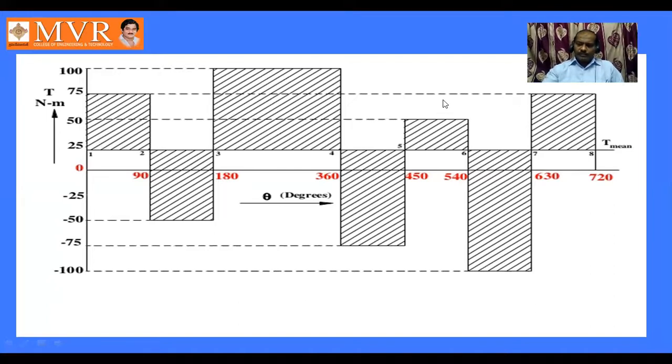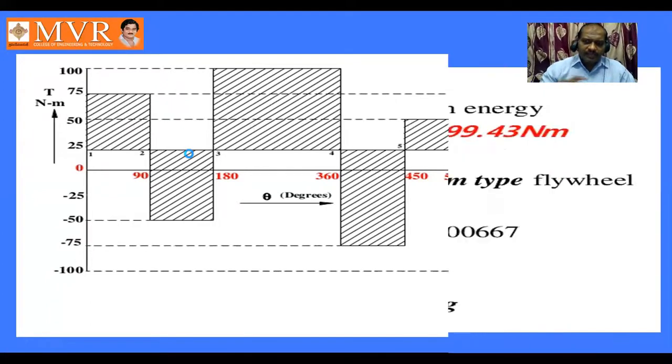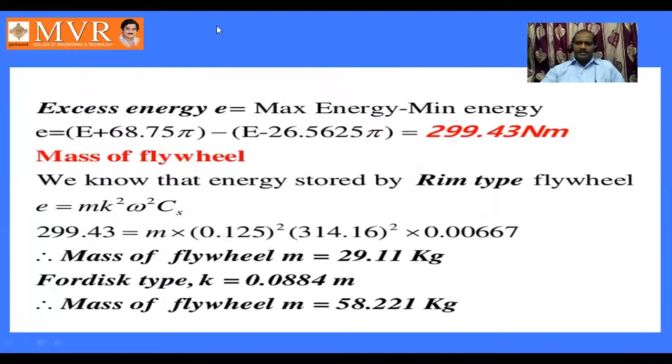So that is the thing to be understood here. Next one. We have redrawn the same question they have given, but to avoid confusion we have hatched where the torque is given for a theta change in crank. That means torque is changing with respect to the crank angle, and that is written.